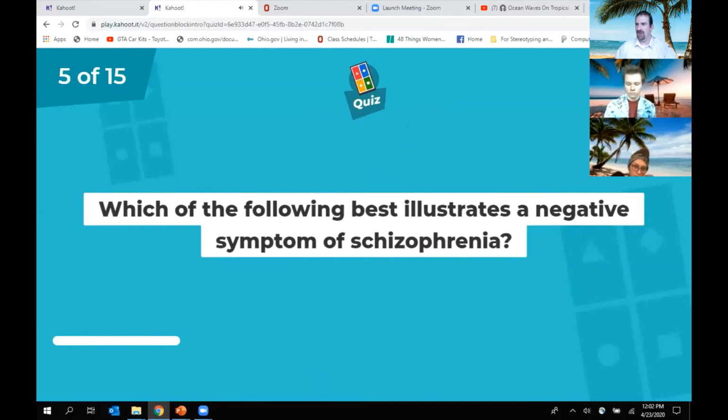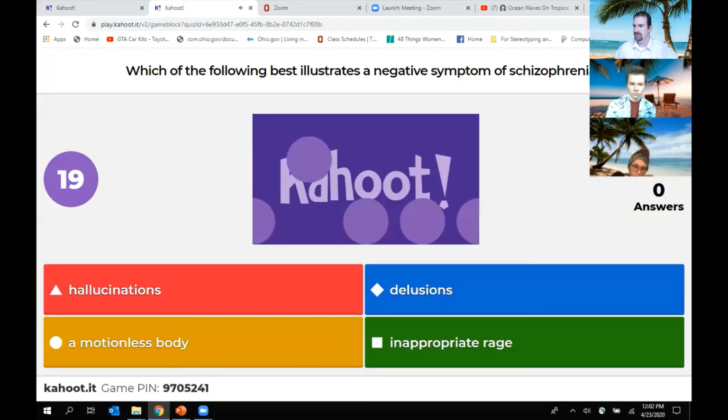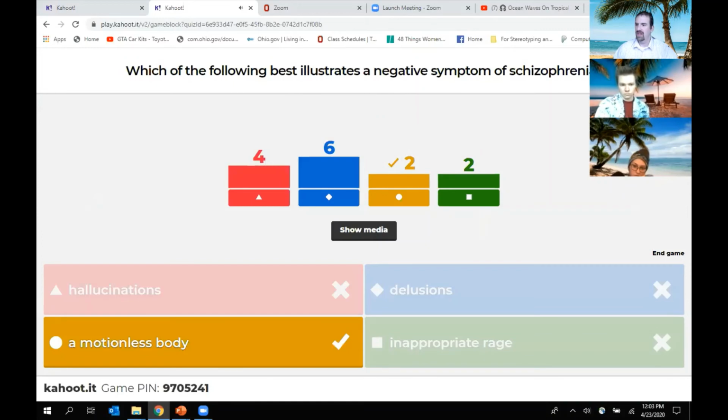All right, question number 5. Symptoms of schizophrenia. Remember, when we talk about negative in this case, it means an absence of healthy behaviors.